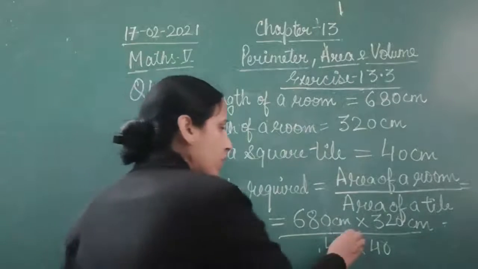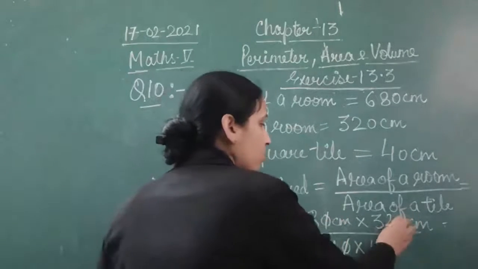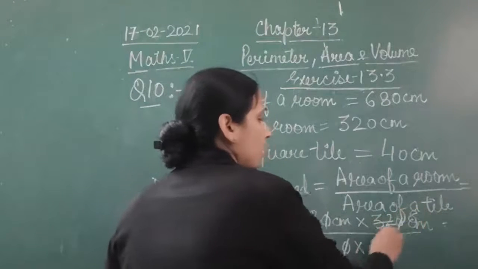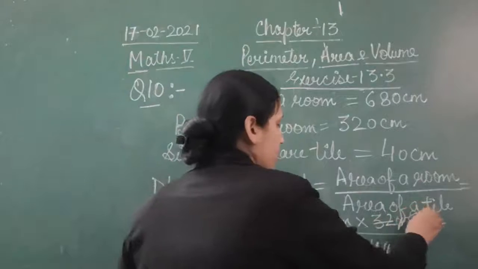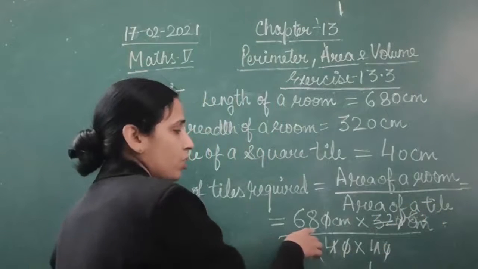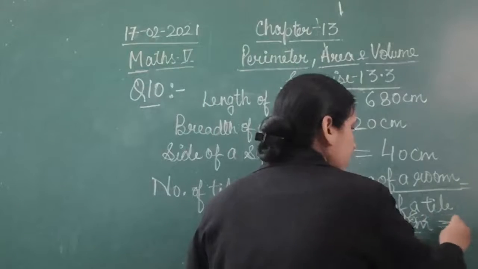So what we will do: 10 will be cancelled with 10. 4 1s are 4, 4 8s are 32, 4 1s are 4, 4 2s are 8. So 68 will be multiplied by 2. 2 8s are 16.